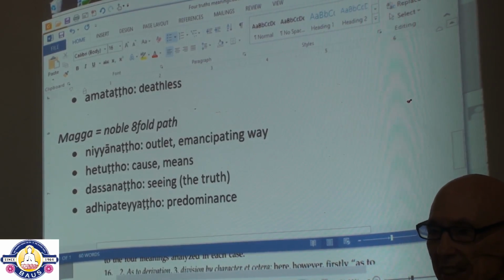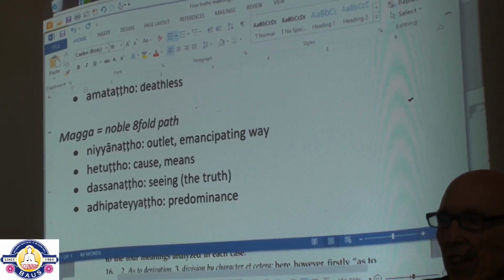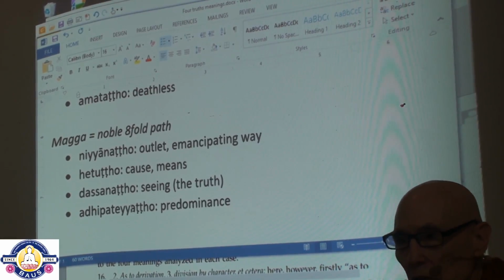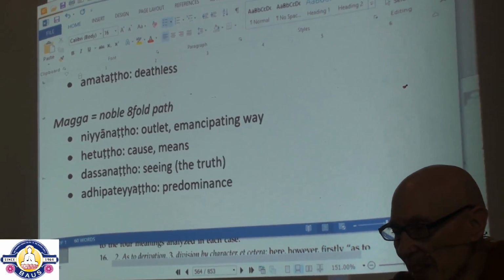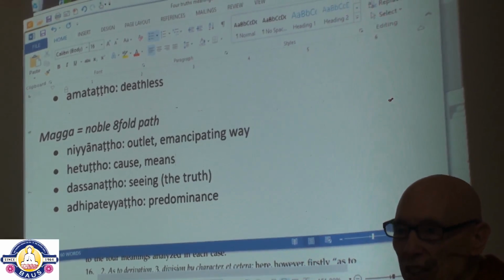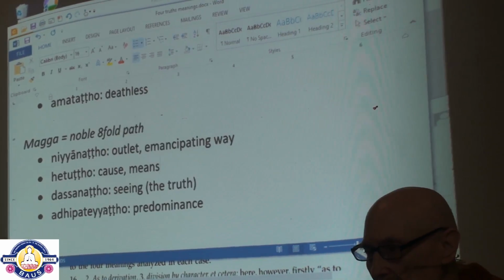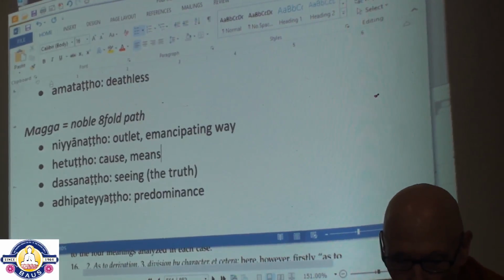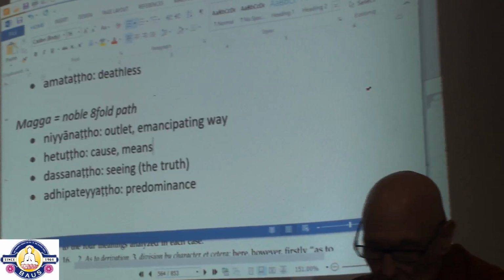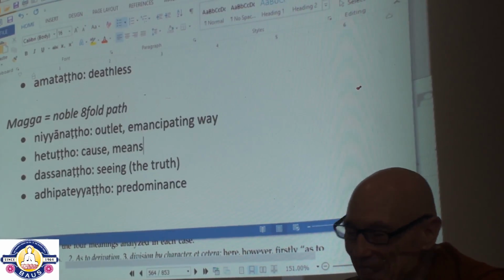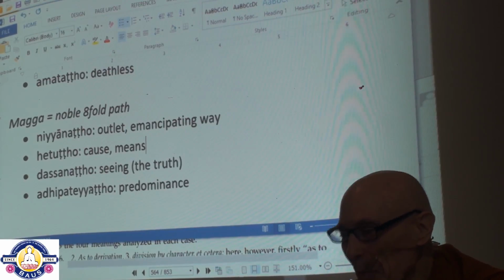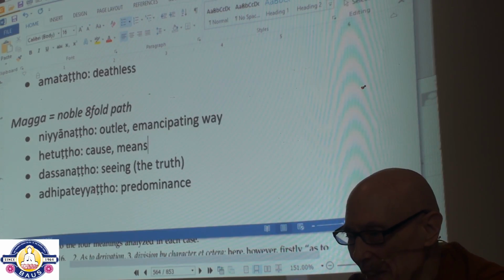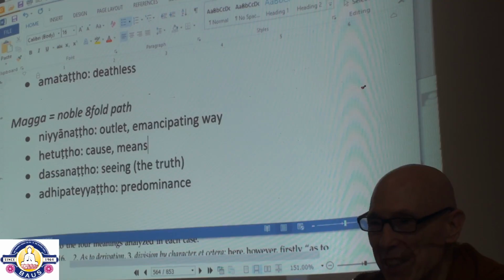And adhipati, the original sense is an overlord, like somebody who is the owner of an estate, or the governor of a realm, of a territory. And so adhipateyya is something like governorship, probably because when you've reached the magga, maybe it governs, maybe it predominates in leading one to liberation from suffering. I'm actually not quite sure exactly about the implication of this quality.